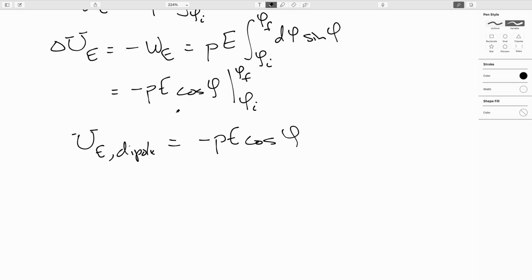And then to get the difference, I just take the difference and I'm good. If I write it this way without any additive constant, which I would be allowed to do but isn't really useful, this allows me to notice that this is P dot E, so I can just write that this is minus P dot E.